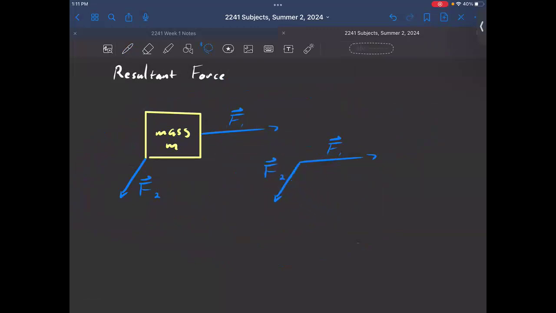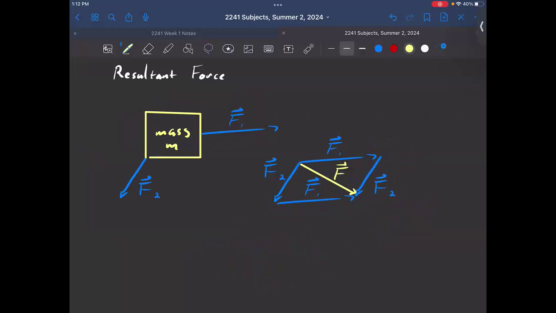Instead of the tip to tail method, actually, let's just paste this again. This will make my life a little bit easier. So it's basically the tip to tail method, but you draw a different shape. So start here, and we get our resultant vector. That's what this is called, the resultant force.